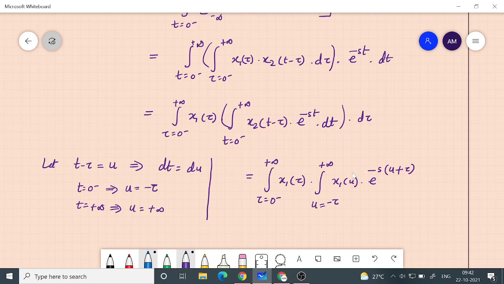Since u is defined as t minus tau, t is u plus tau, and dt is the same as du. So we are now doing the u integration first, and then d tau.